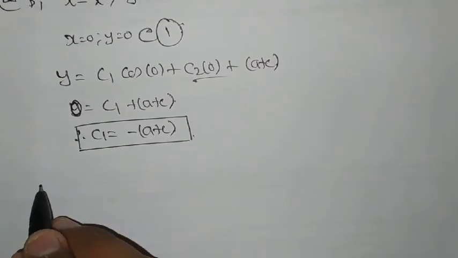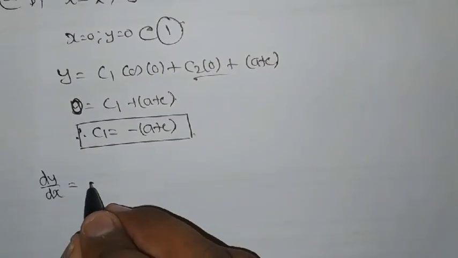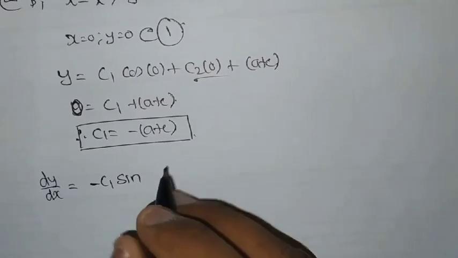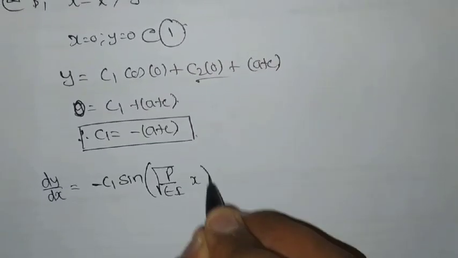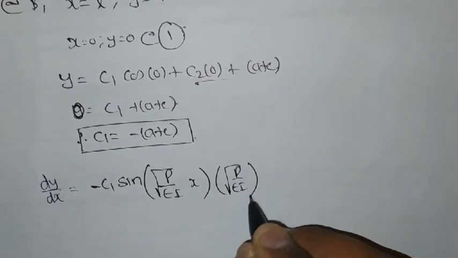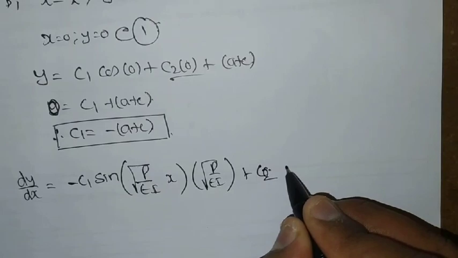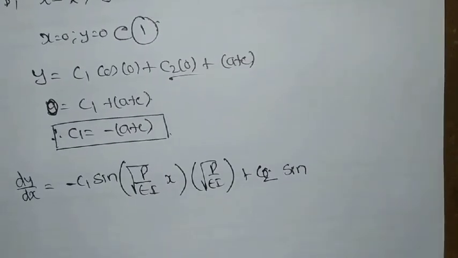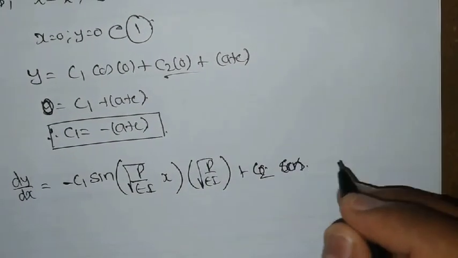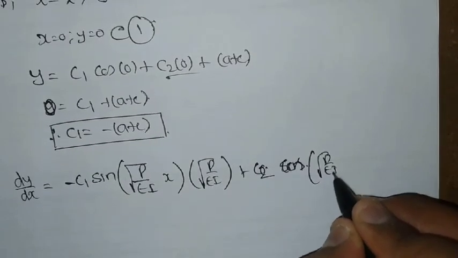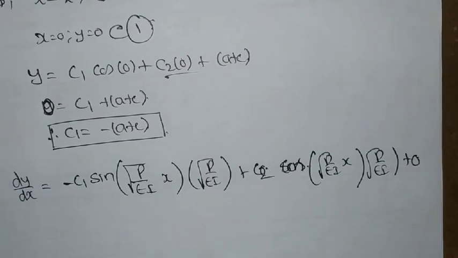By differentiating, we get dy by dx is equal to minus c1 into sin of root P by EI into x into root of P by EI, plus c2 into cos of root P by EI into x into root of P by EI, and the constant becomes 0.